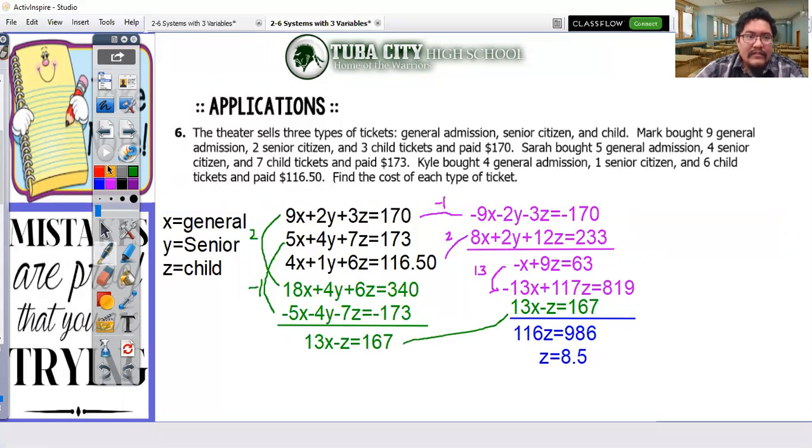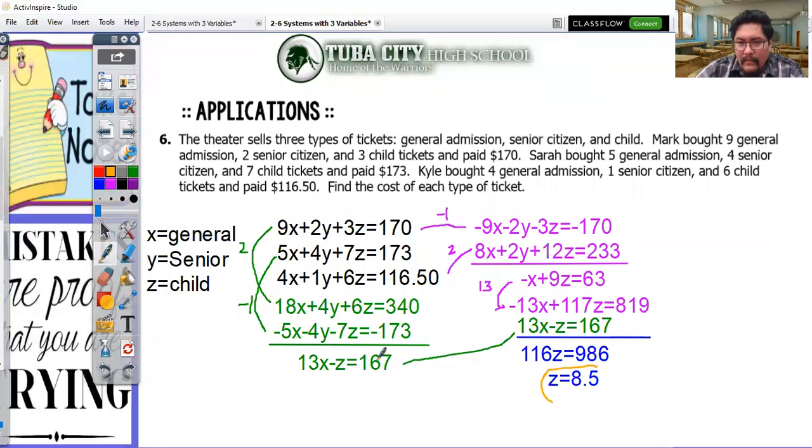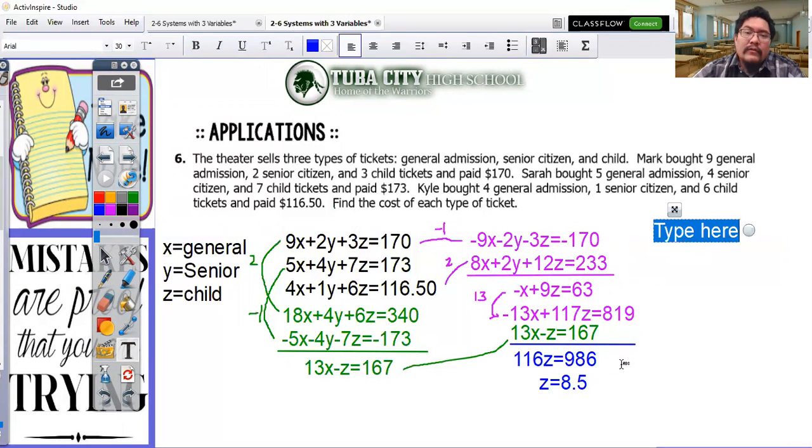So again, we got our first solution, and we just need the other two. We know that the child tickets are $8.50, so we're going to take one of these and plug it into either this one or this one. In fact, I'm going to plug it into this one here, 13x minus z, but instead of z, we're going to plug in 8.5.